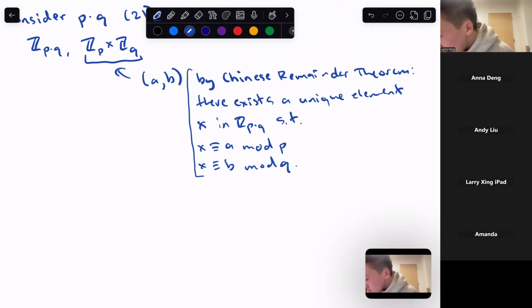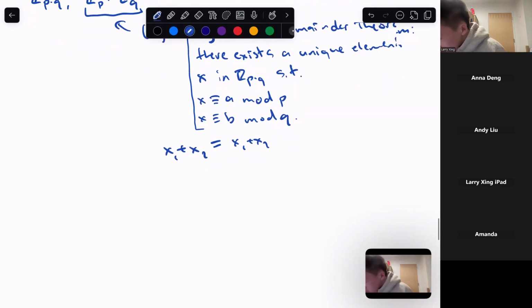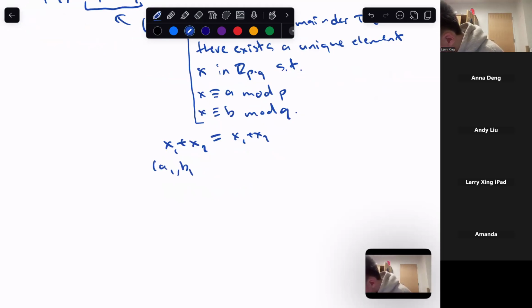So for example, for (A, B), we would map it to this X such that X is A mod P and B mod Q. And notice that when we add, it stays the same. For example, x1 plus x2, which if we wrote it out as (a1, b1) plus (a2, b2), notice that when we add x1 and x2, a1 and a2 add.